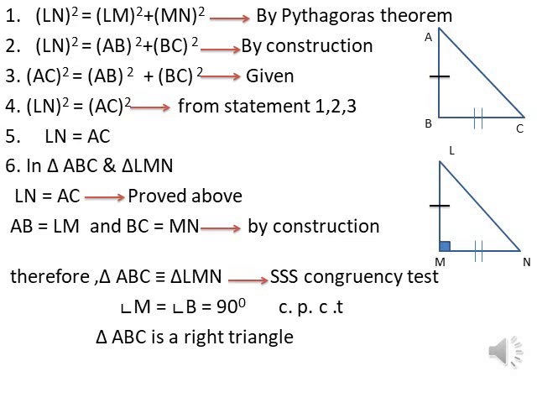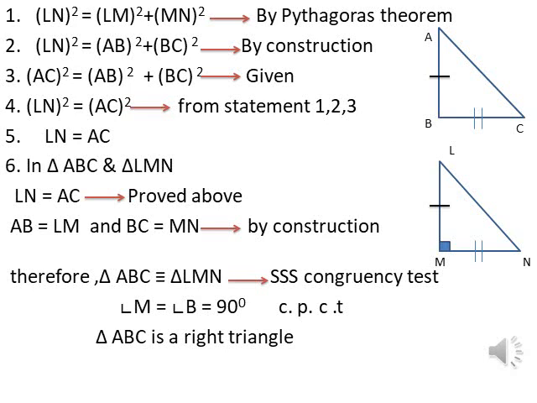In triangles ABC and LMN, LN equals AC, which we already proved above. Then by construction we know AB equals LM and BC equals MN. So triangle ABC is congruent with triangle LMN by the side-side-side congruency rule.